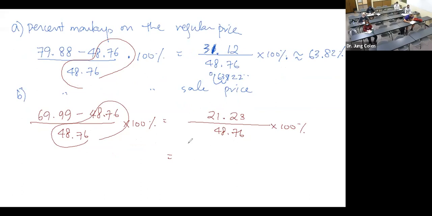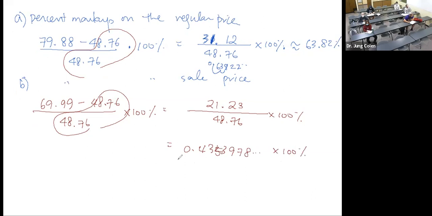It's about half. A little bit less than that. 0.4353978 times 100%, right? Okay. Which is approximately, we move 2 decimal points, 43.54%. Thank you.